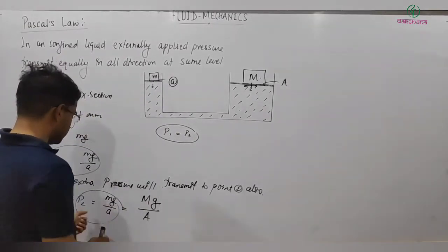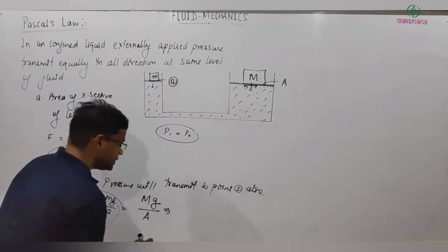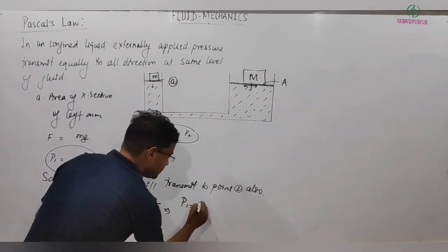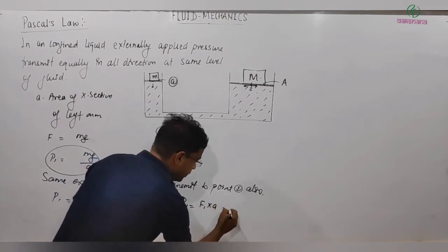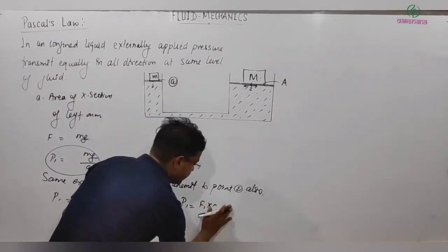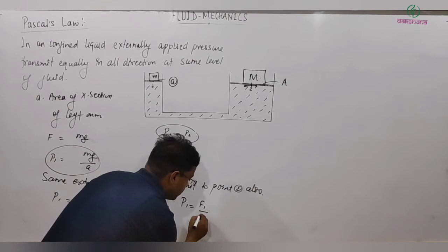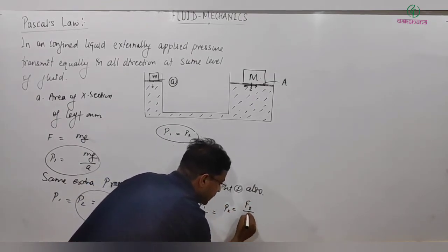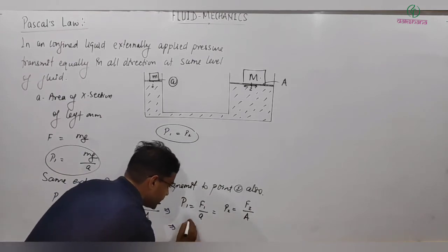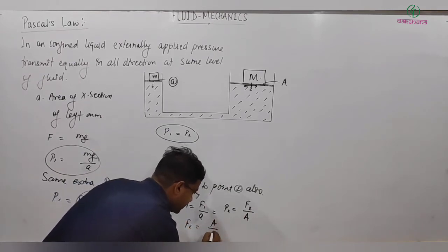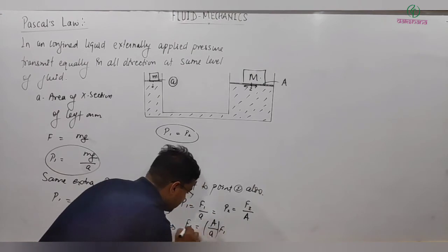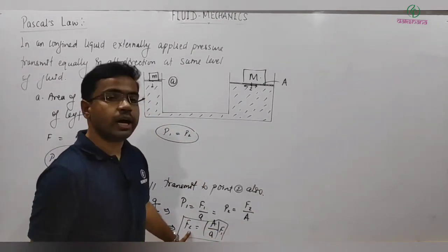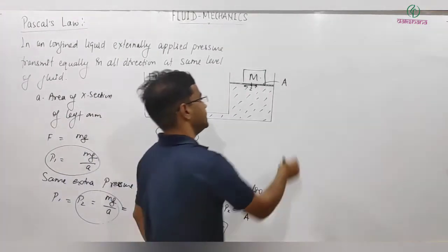So here P1 is equal to P2, and this implies, if I write P1 equal to force F1 divided by area, that is equal to P2, that is equal to F2 divided by area, and this implies F2 is equal to capital A by small a times F1. As the area is large, F2 will also be larger.